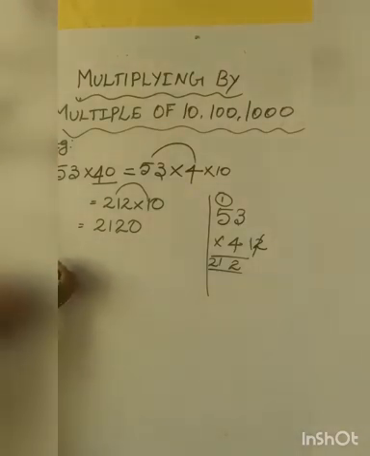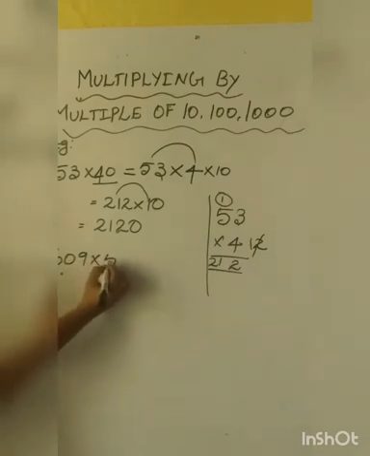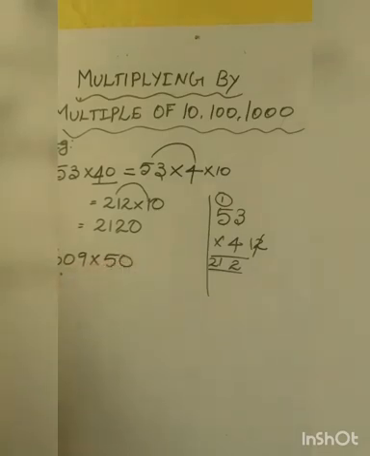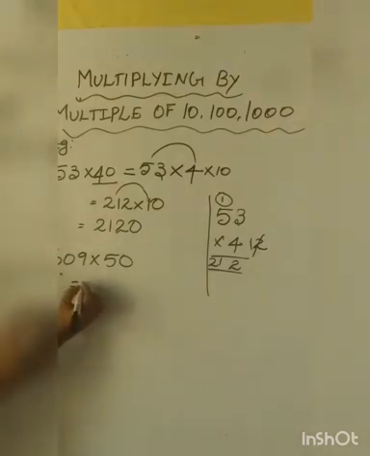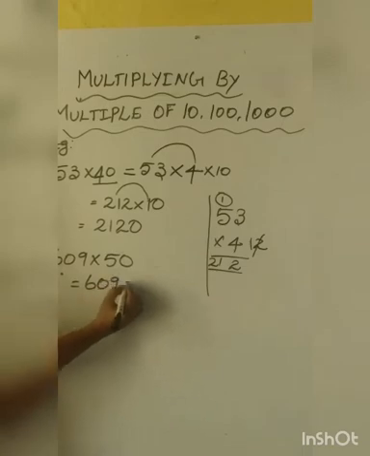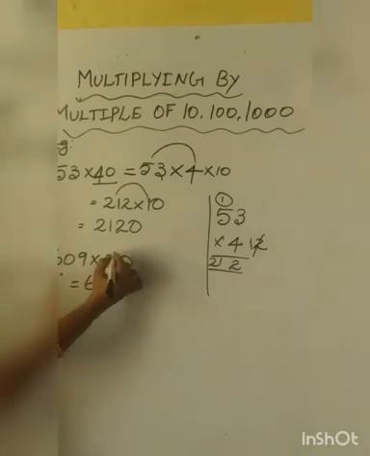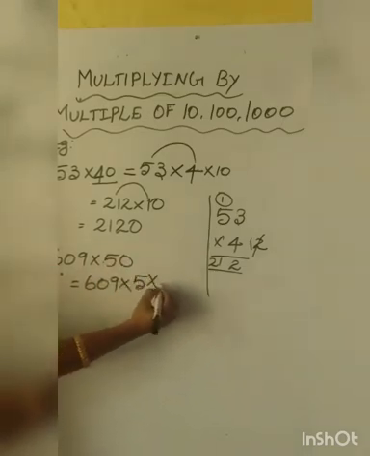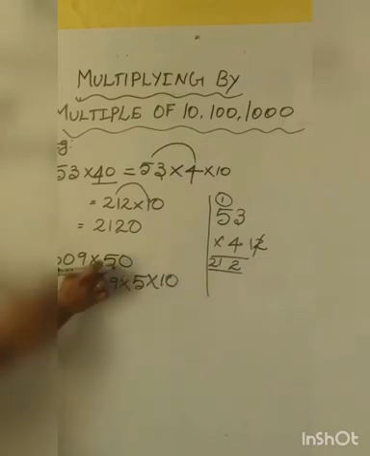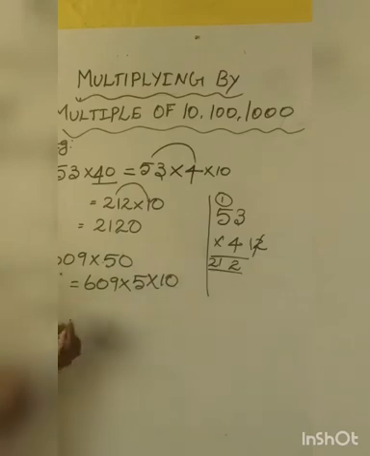Suppose 609 multiplied by 50. So how will you write it? Listen children. For 609 multiplied by 50, 5 tens are 50. So I split 50 into 5 multiplied by 10.